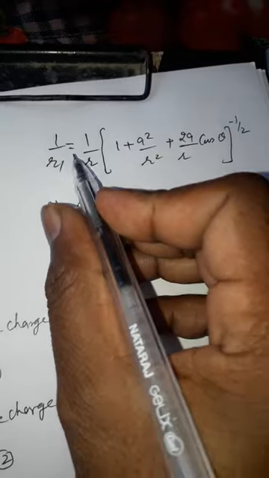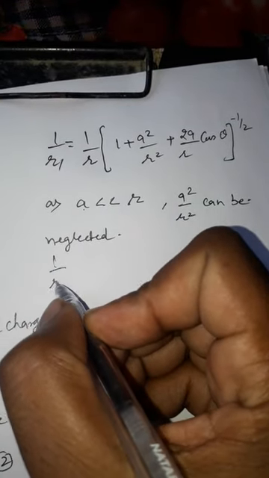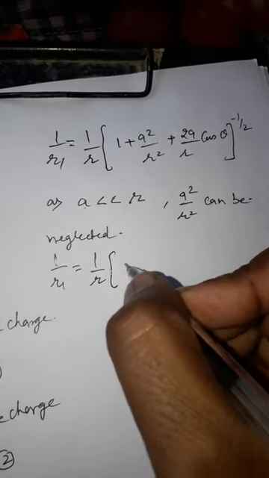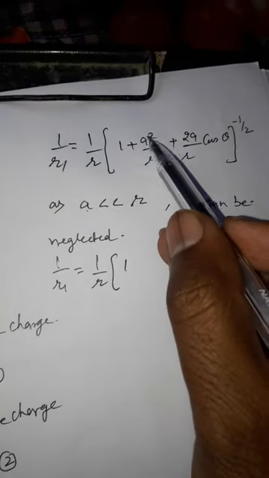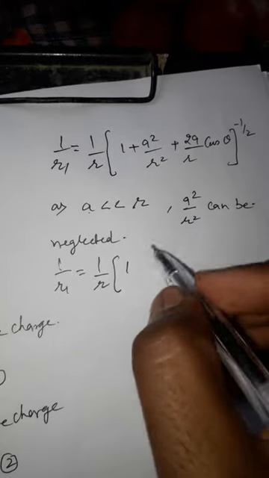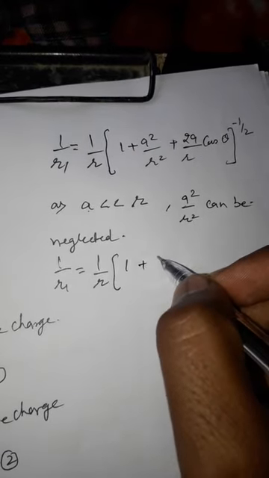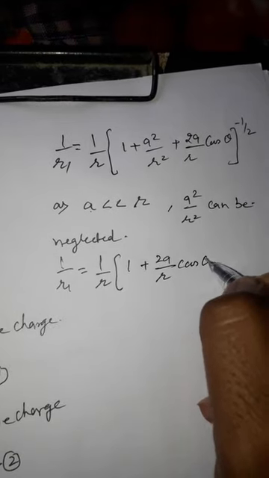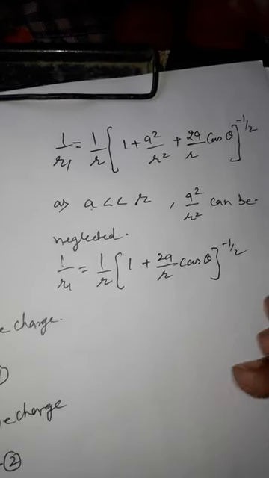So this equation becomes 1 by r1 equal to 1 upon r into 1, a square by r square neglected, so we remain with 1 plus 2a cos theta upon r, to the power minus 1 by 2.